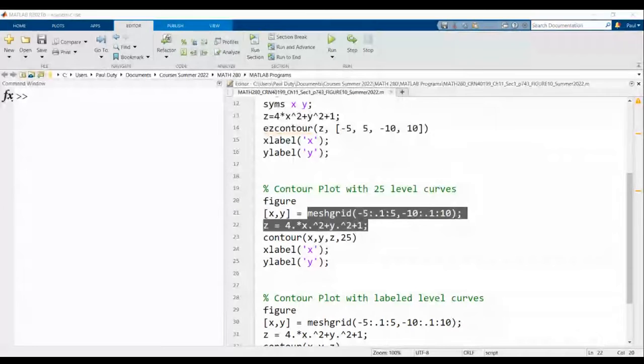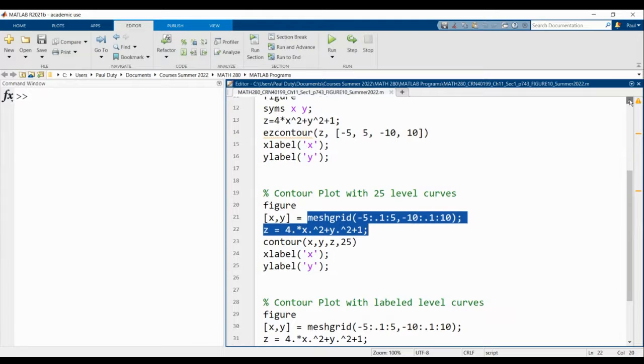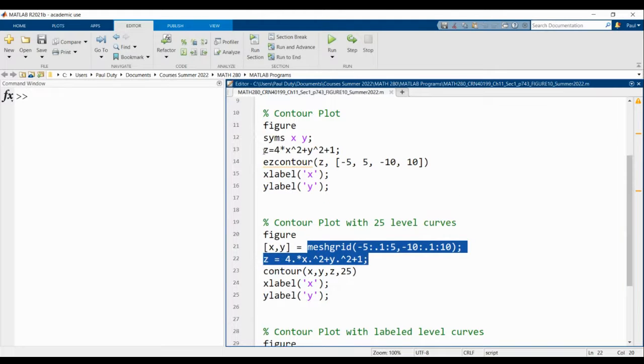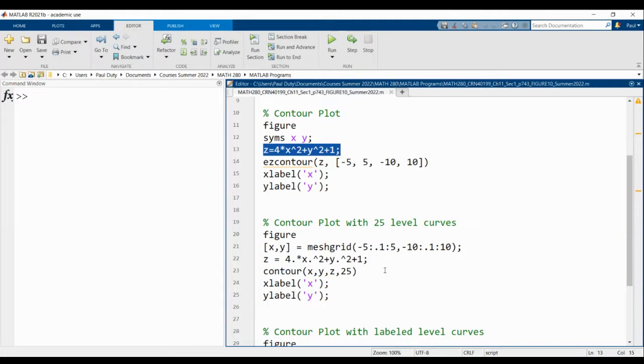I don't know if anybody's ever encountered that in MATLAB. If you look above, I'm not using any pointwise notation.